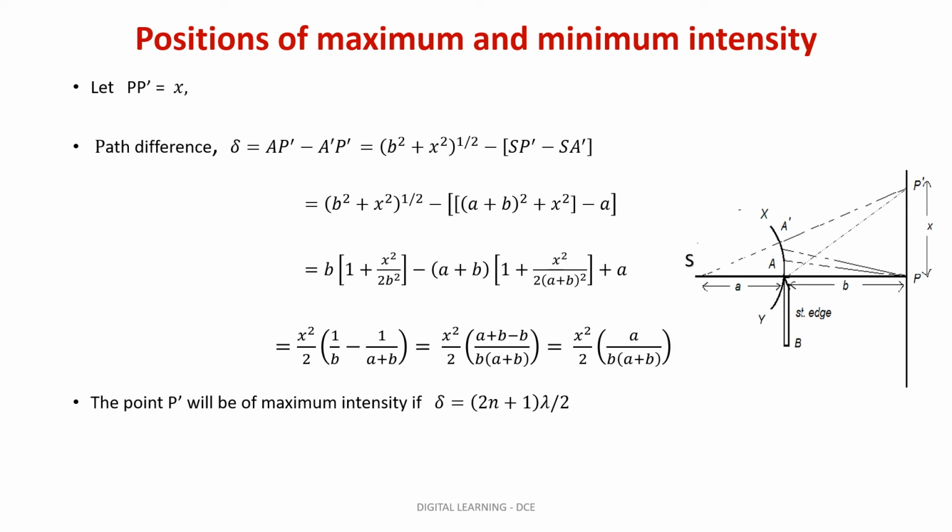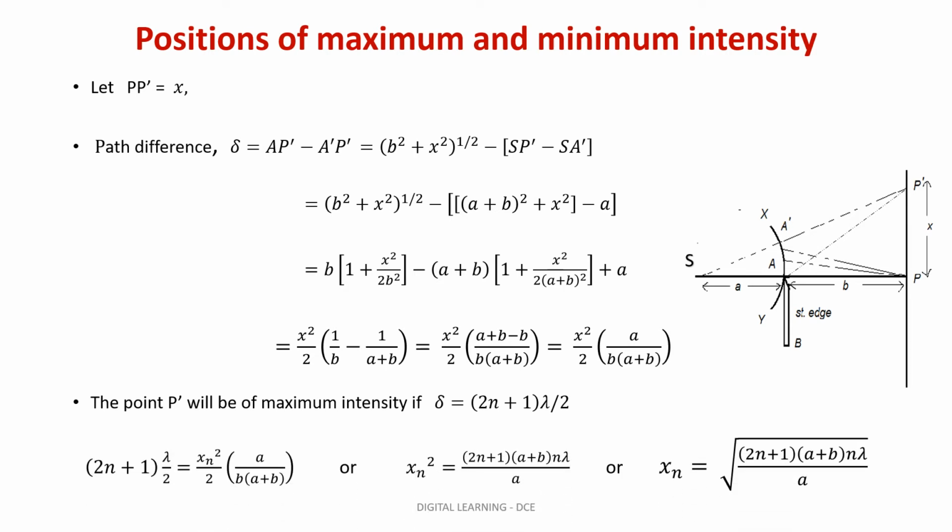So on applying this path difference to the above equation, (2n plus 1) lambda by 2 is equal to xn squared divided by 2 into (A plus B) divided by AB, or you'll finally get on substitution xn is equal to root of (2n plus 1) times B n lambda divided by A, where xn is the position of maximum intensity and it is proportional to root of 2n plus 1.